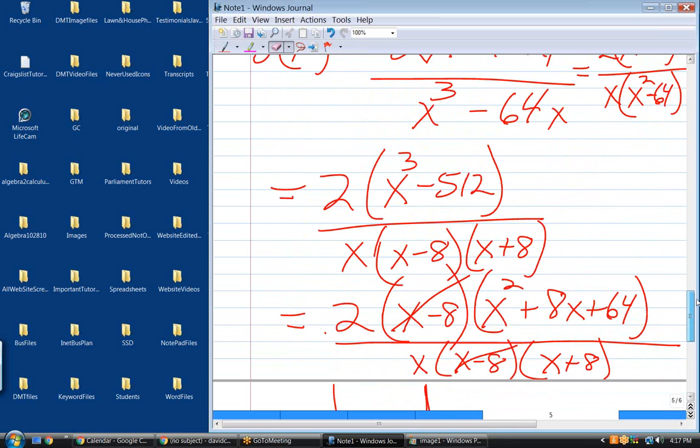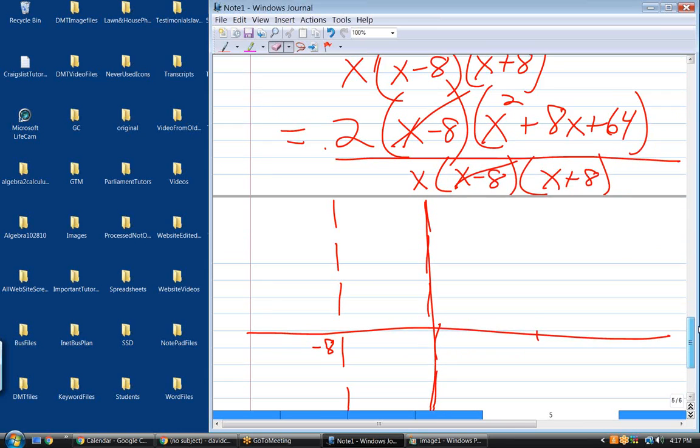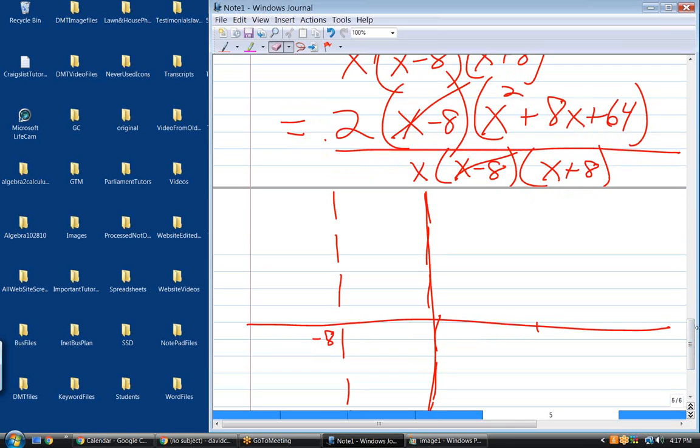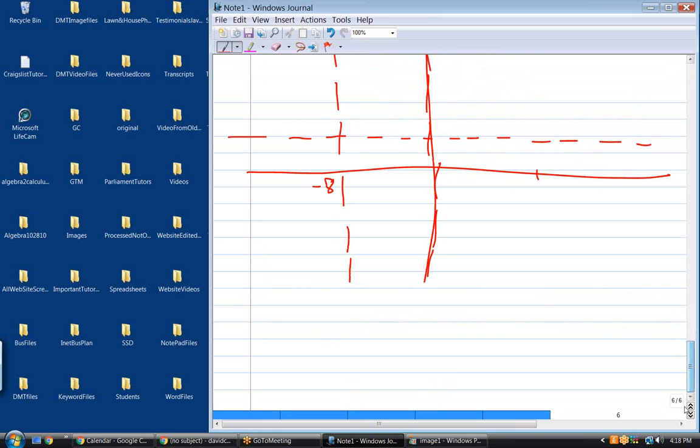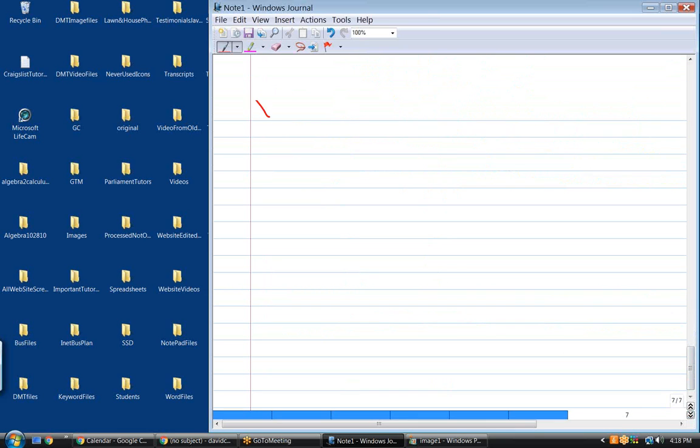So, let's see. How are we going to graph this thing? Let's put in our horizontal asymptote. Almost left that out. These things almost always tend to be hyperbolic in nature. You know what I mean by that? No. Okay, let's look at the elementary hyperbolic function 1 over x.